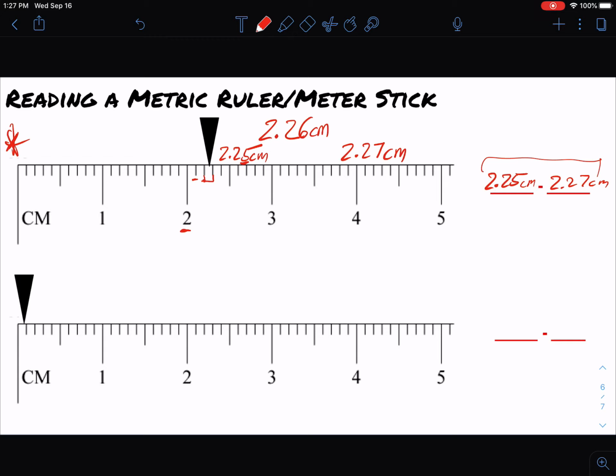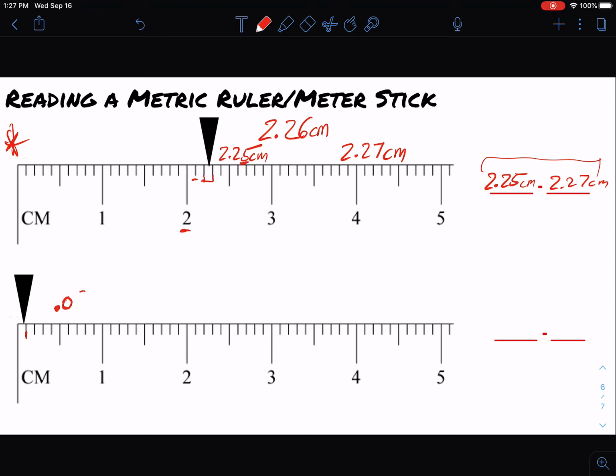Now to the last example, which sometimes throws people. When we look at it, it's before all of the tick marks. So we know it's going to be 0.0 something. We have to guess. I would say it's pretty close to this next line, right here, but it's not quite on top of it.